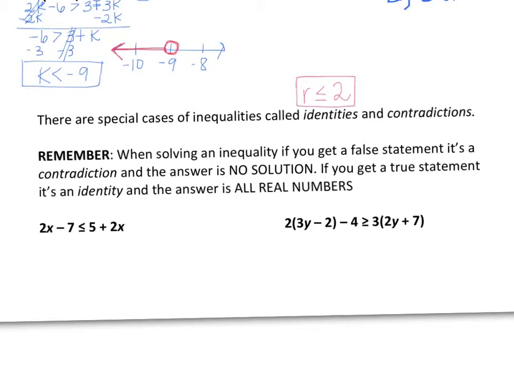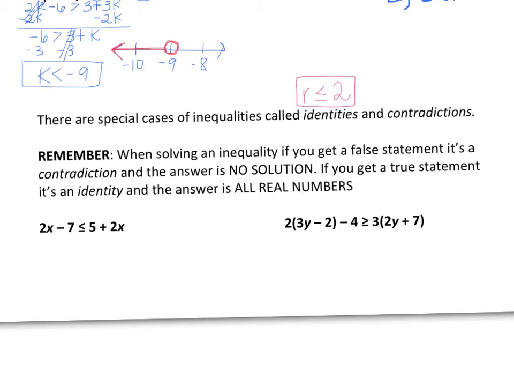Some of you on your tests got an identity or a contradiction, but you didn't know what to put for the answer. So it's really important that you understand when you get a false statement, the answer is not contradiction, the answer is not false, the answer is no solution. That means that there is no possible value of x, or whatever the variable is, that will make that inequality true.